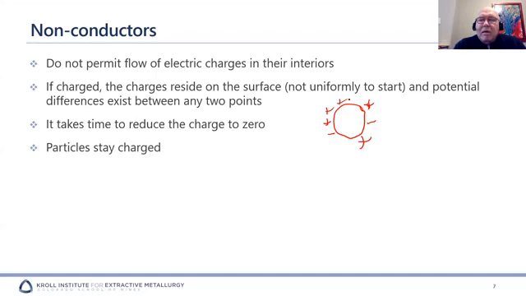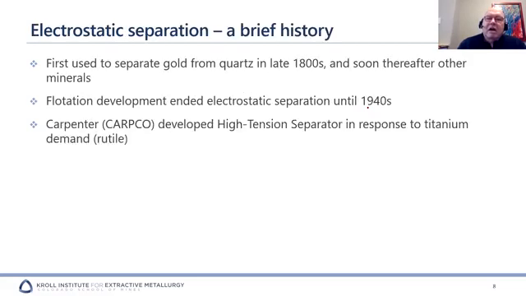And there can be a potential difference between this negative and this positive on it, and it takes a while before the charge really evens out, and so you can have a charged particle and it will stay charged for a period of time on the surface.